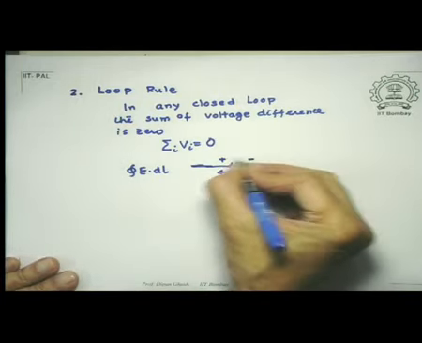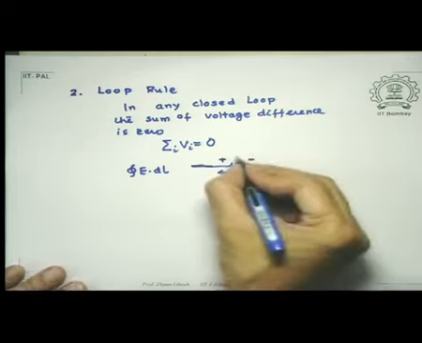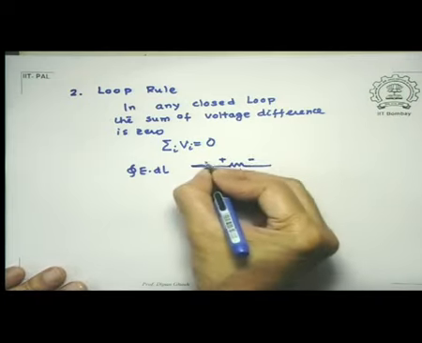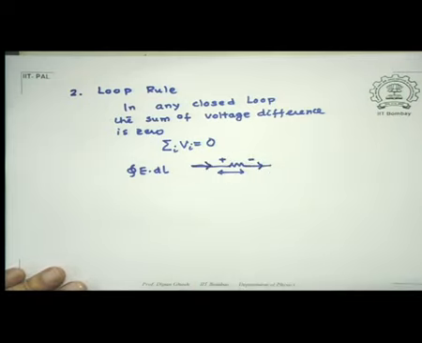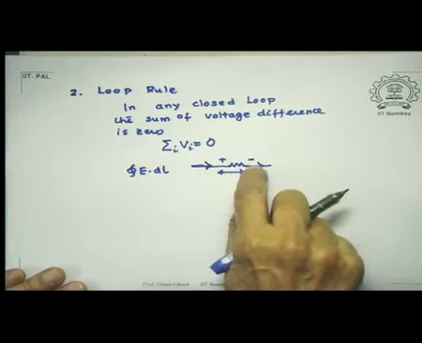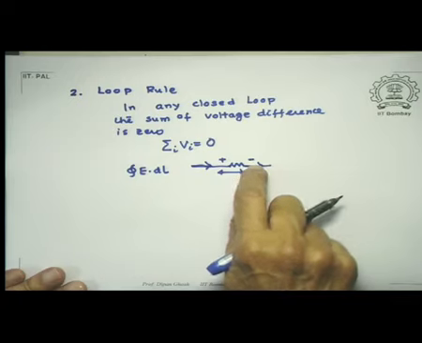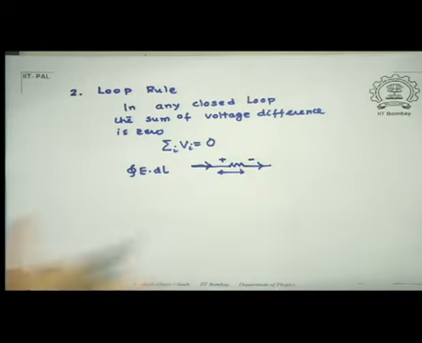So this is the way the current is going. The higher potential of the resistance is the point where the current enters.